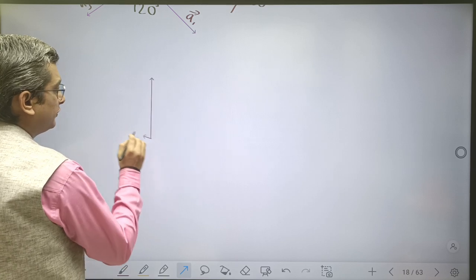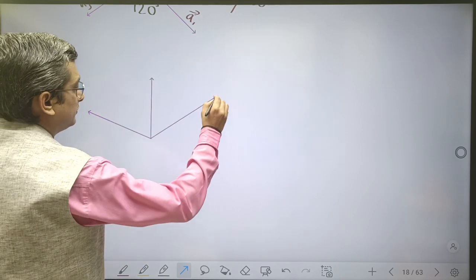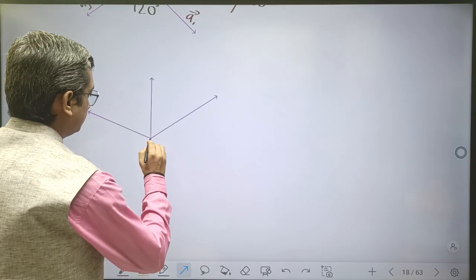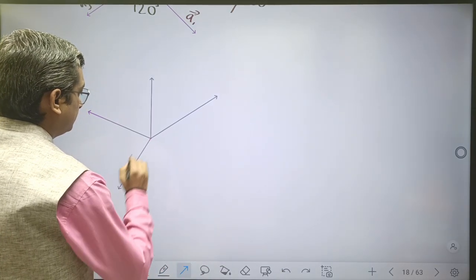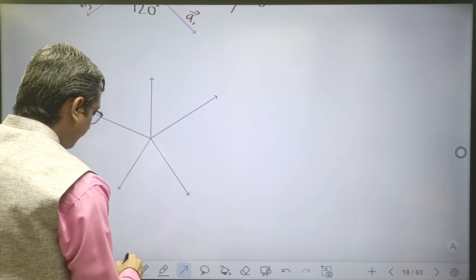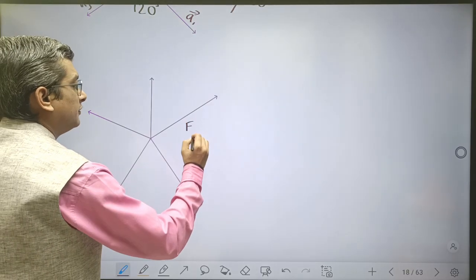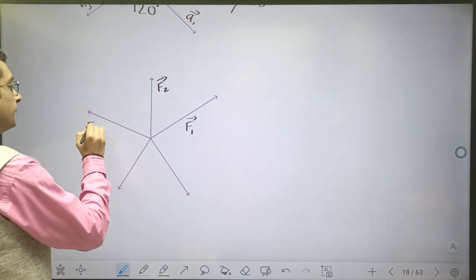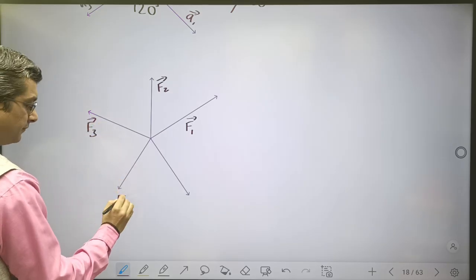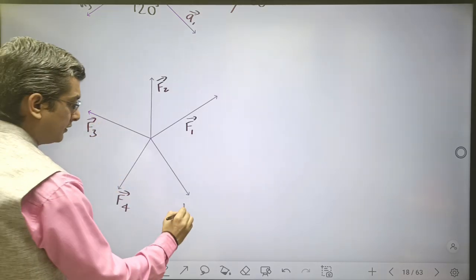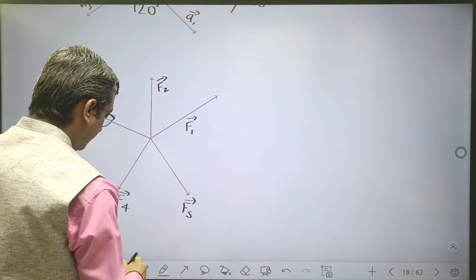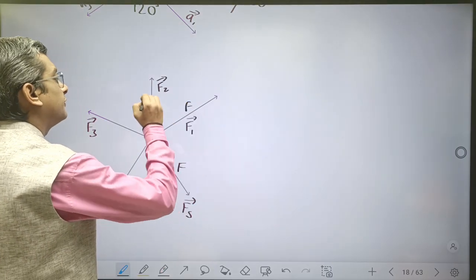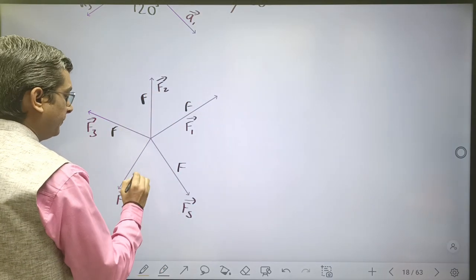This is the first vector, this is the second vector, and similarly all the vectors. Let us suppose this is f1 vector, this is f2 vector, f3 vector, f4 vector, f5 vector, but all are having the same magnitude, f, f, f, f, f.